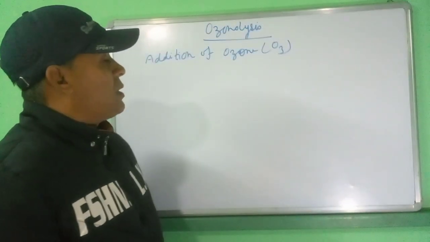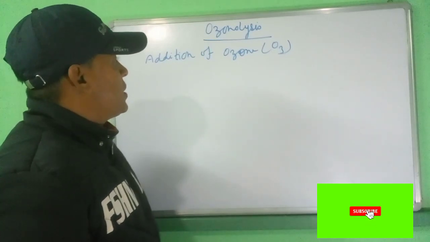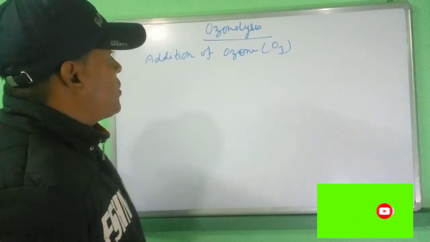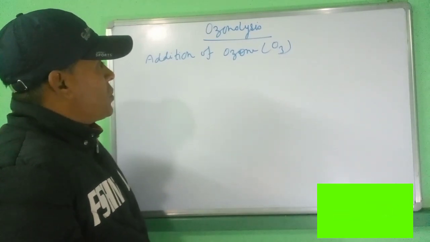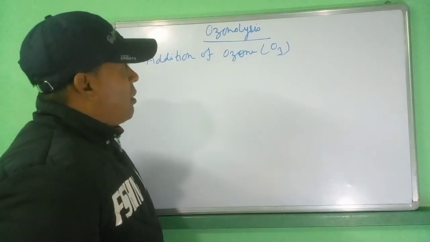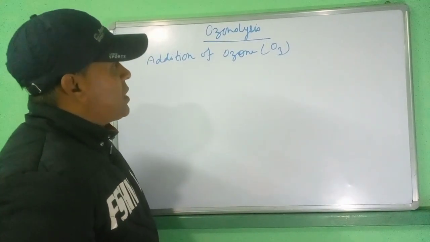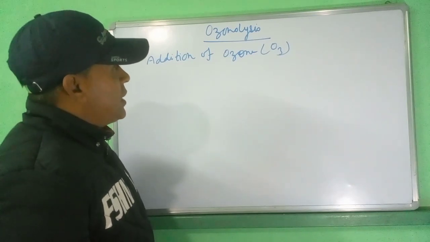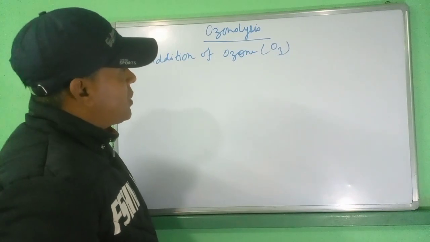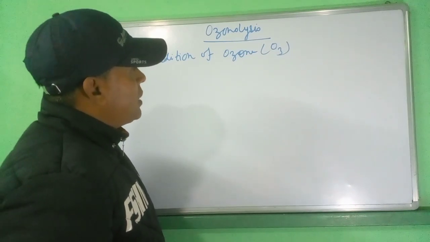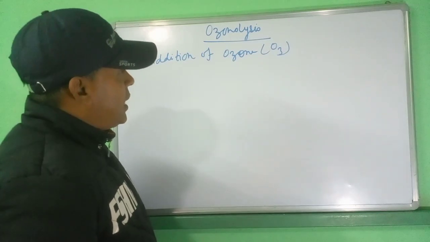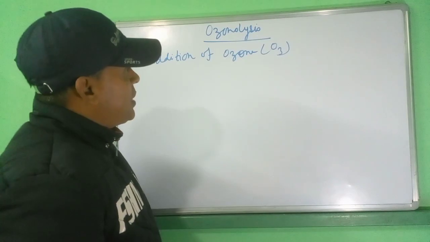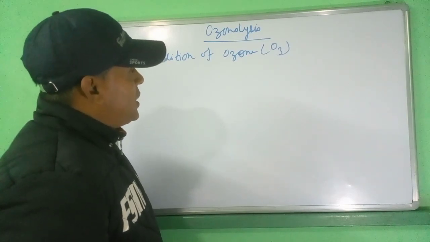Ozonolysis. So what do we mean by ozonolysis? Suppose your reactant is an unsaturated hydrocarbon, an alkene. When the alkene is treated with ozone, O3, in the presence of an inert solvent like ether or carbon tetrachloride, the product formed first is an ozonide. That ozonide is then treated with zinc metal in presence of water, warmed, so it decomposes to give two carbonyl compounds and hydrogen peroxide.